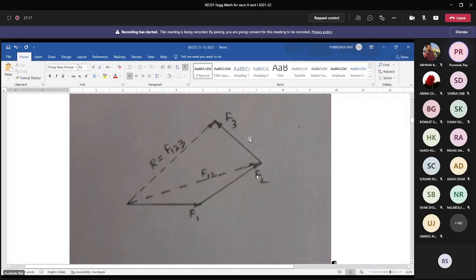From the very beginning, we'll find individual x components, individual y components, get the algebraic summation of all individual x components, and the algebraic summation of all individual y components. Once we get these two quantities, square them, add them, get the square root, that is the magnitude of the resultant. Divide the algebraic summation of y components by the algebraic summation of x components, we get tan theta, so the direction of the resultant with the positive x-axis, that is horizontal towards right.